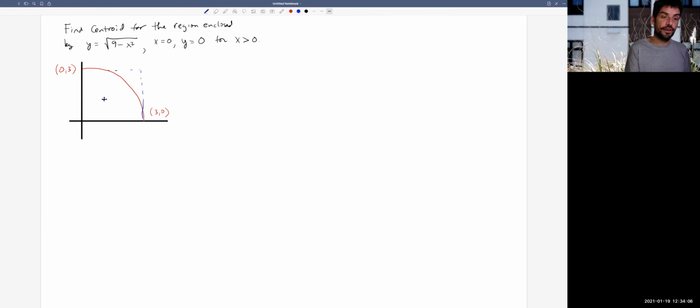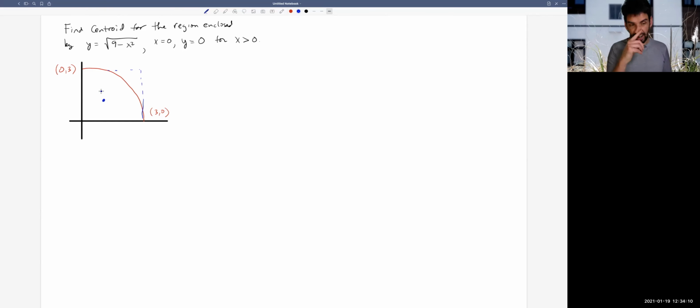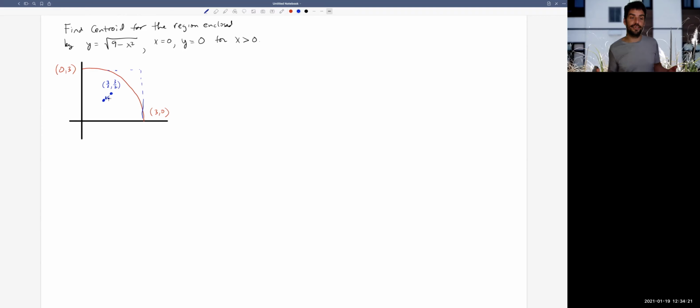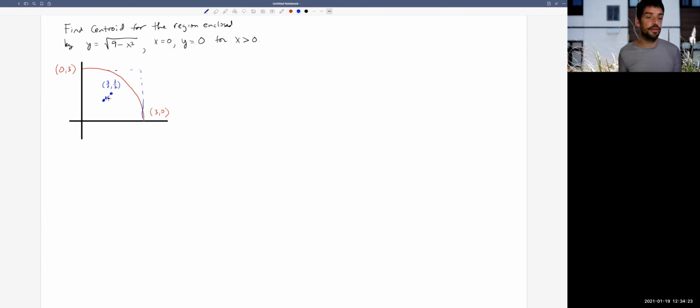There's less stuff out there to be balanced out. The center of this square would be 3 halves, 3 halves. So my centroid has to be somewhere with a smaller x and y coordinate. That's what my intuition tells me, and I'll use this to judge my answer.